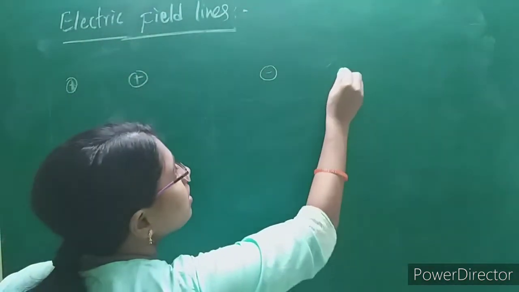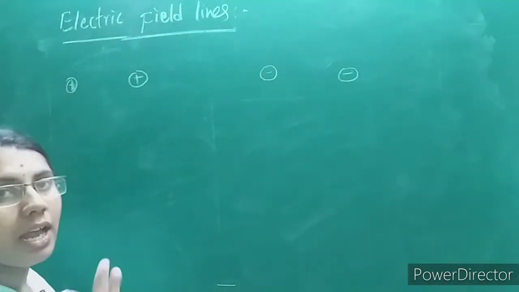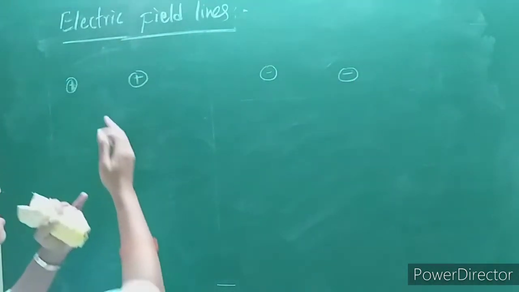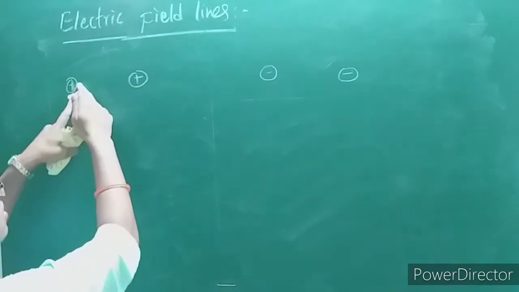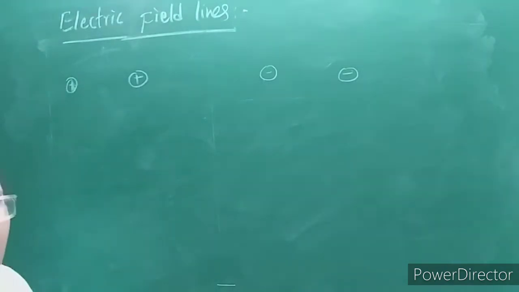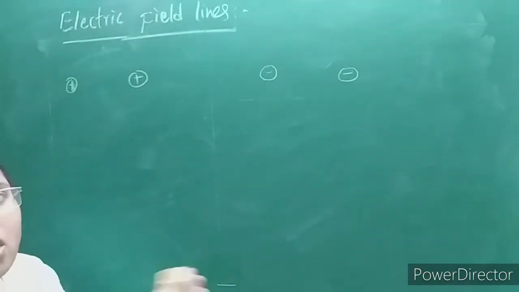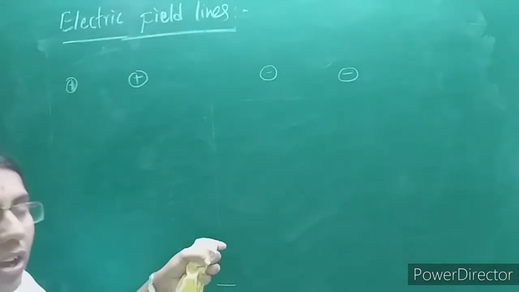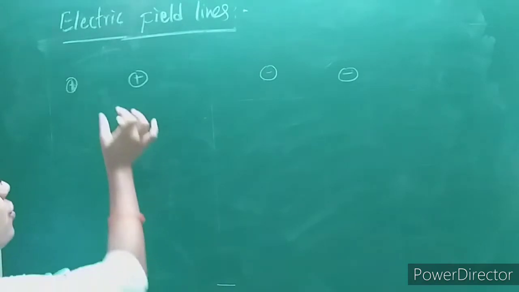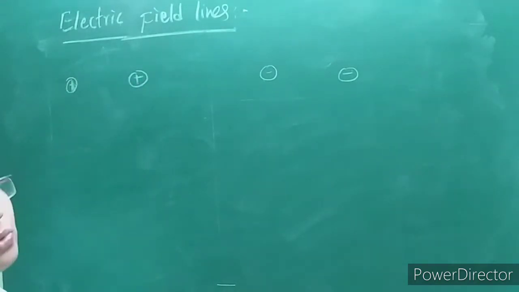In the case of like charges, the field lines produced due to both the charges exert lateral pressure, meaning sideways pressure, on each other. That's why there exists a force of repulsion between those two charges.